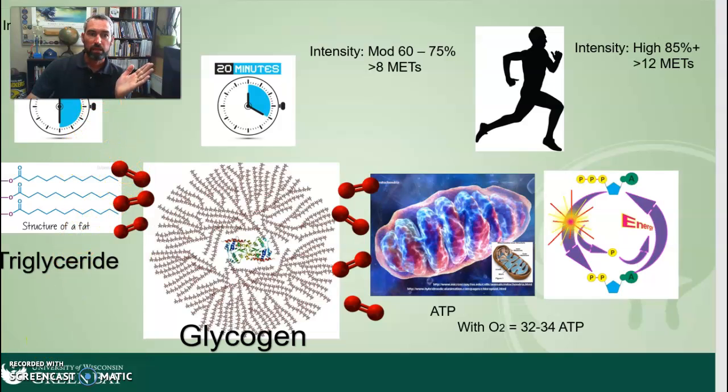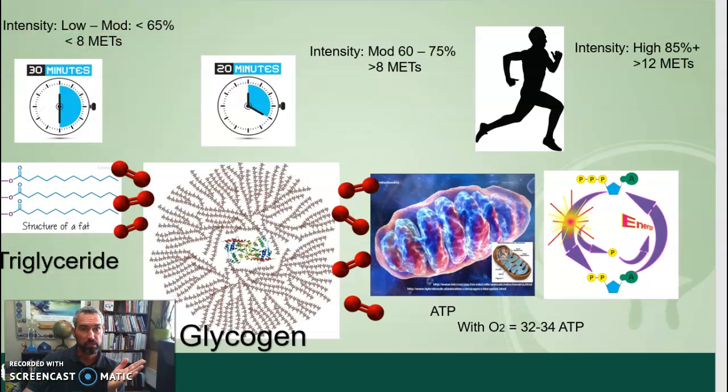Once we get more than about 30 minutes of continual activity, we're using a concoction of glycogen, and now we're tapping into some triglycerides or fat for energy, plus the oxygen. So really this is low moderate to low intensity activity.